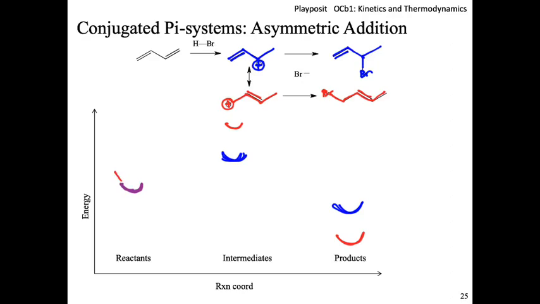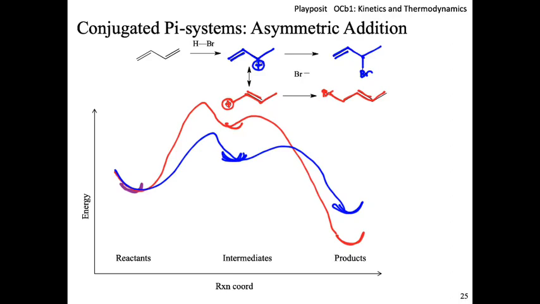Now what happens when we connect all the dots? The thing that's interesting is we get a crossover between those two energy diagrams. Which product would you expect to form first? The blue one.